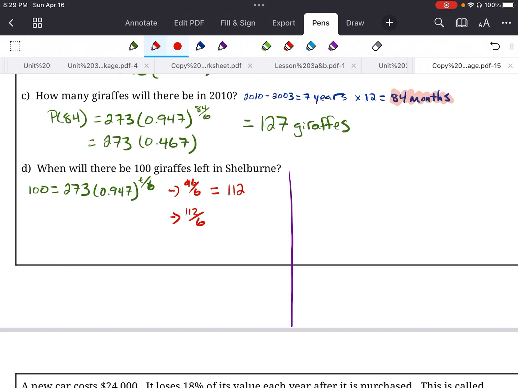Okay, so a decimal of 18.67. So we do 0.947 to the power 18.67 times 273. We get 98.7.